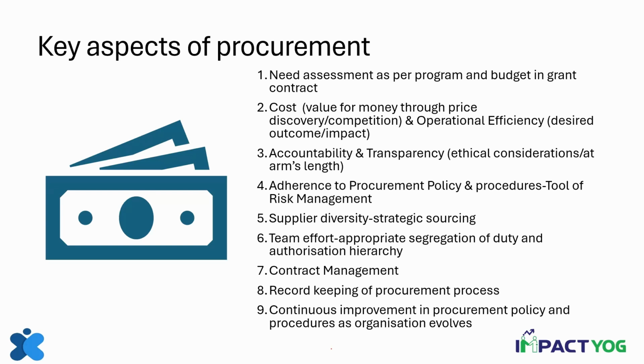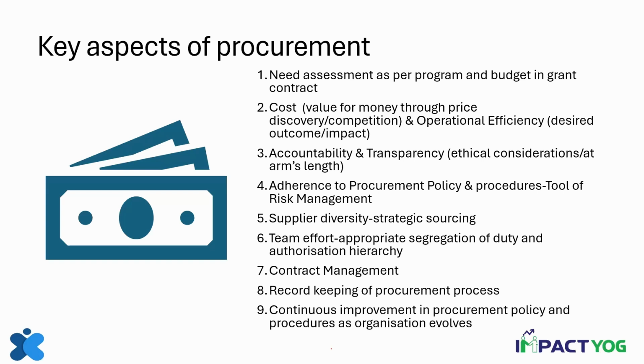This is also a tool for risk management. As we had seen, risk management is one of the important things financial management has to look after. What it does is it provides for a systematic way of doing procurement with accountability and transparency. That is what the procurement policy will do, and we'll see that in the next session, next slide. Supplier diversity. Now, what is supplier diversity?